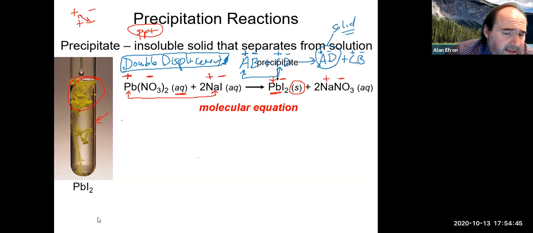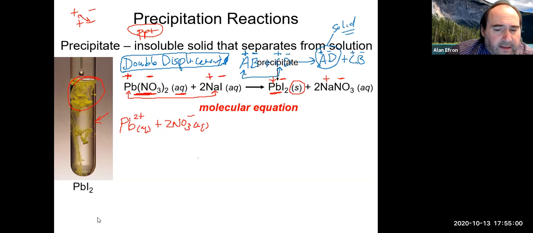It's a strong electrolyte, so it would break apart into lead with a +2 charge, plus a couple of nitrates, each with a -1 charge. Our sodium iodide, NaI, also an ionic compound and a strong electrolyte, would break apart as well, into 2 sodiums plus 2 iodides, distributing that 2 across there.